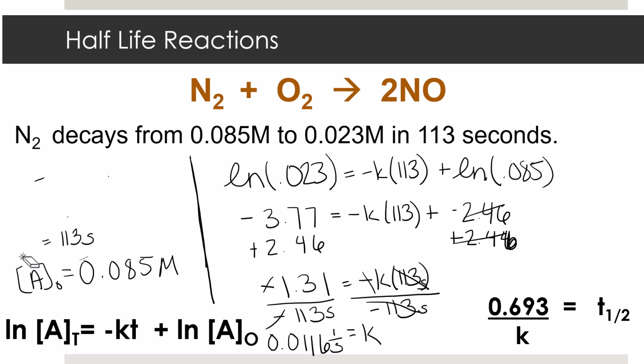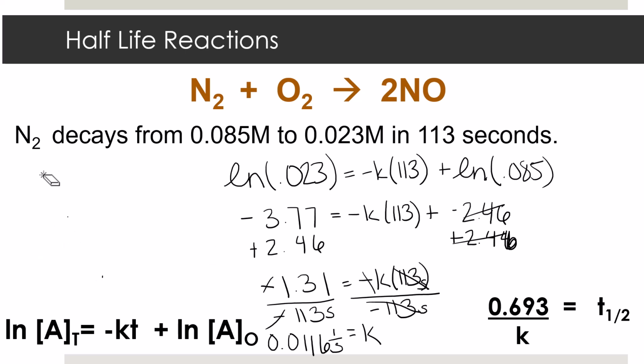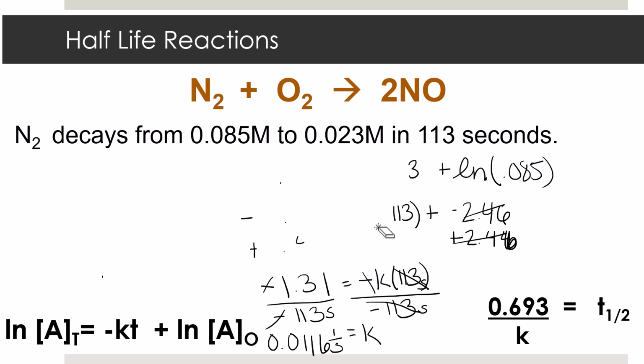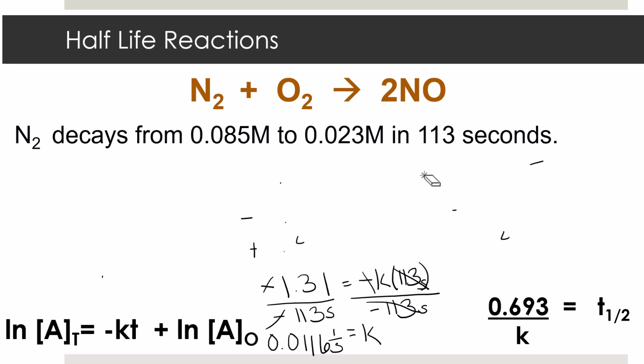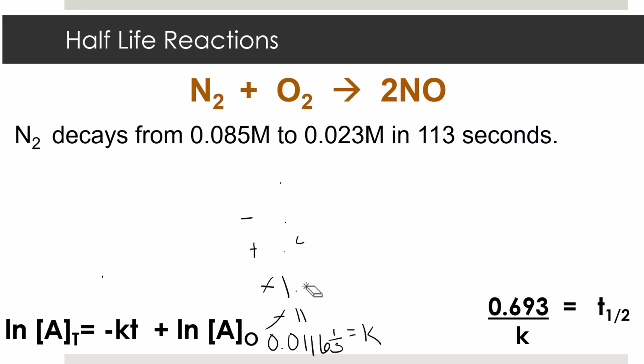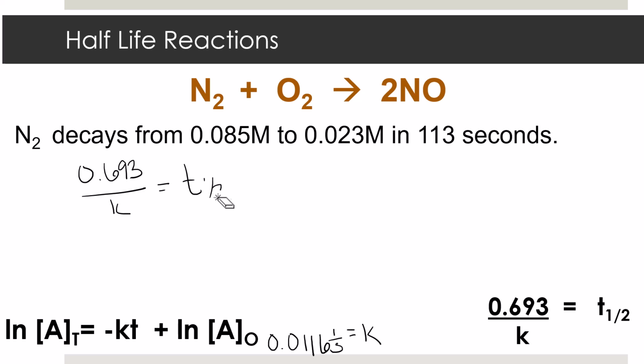Now the second half of the problem asks us, what is the half-life of this substance? Now that we've solved for our k value, we can determine the half-life using our other equation. So 0.693 over k equals the half-life.